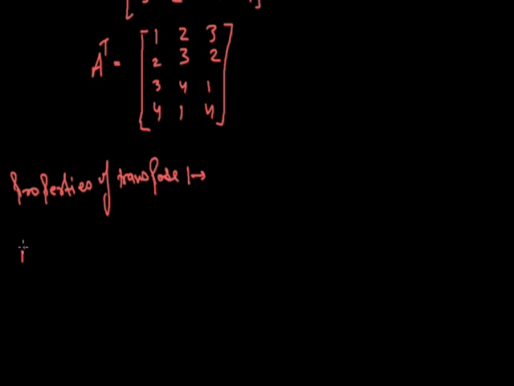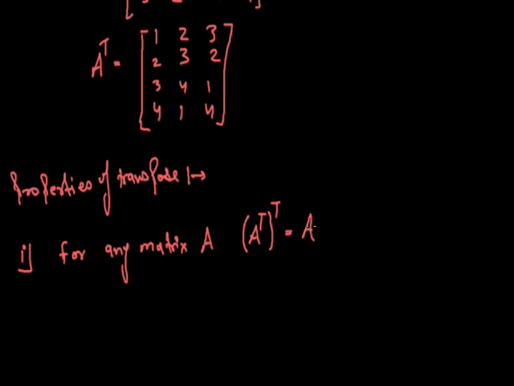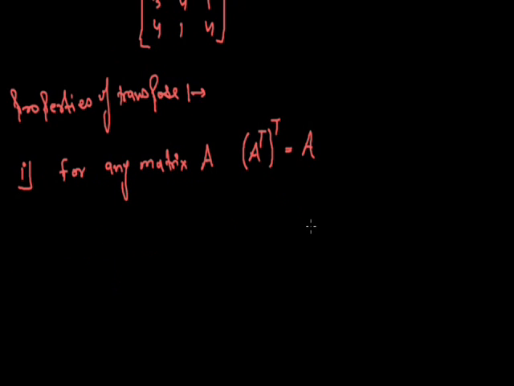The first property is: for any matrix A, if we first find the transpose of the matrix A, and then again find the transpose of this matrix, it is equal to A. So the transpose of the transpose matrix is A. Let's see the proof of this.